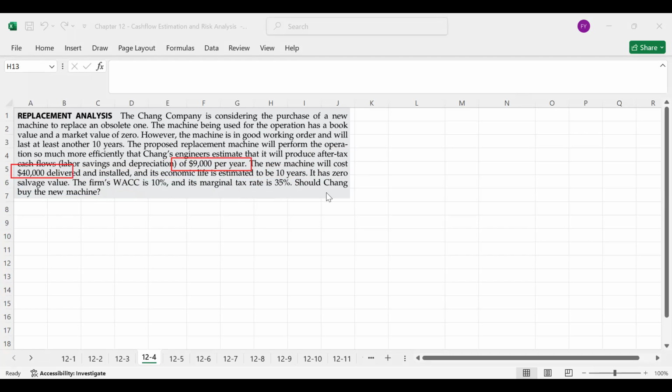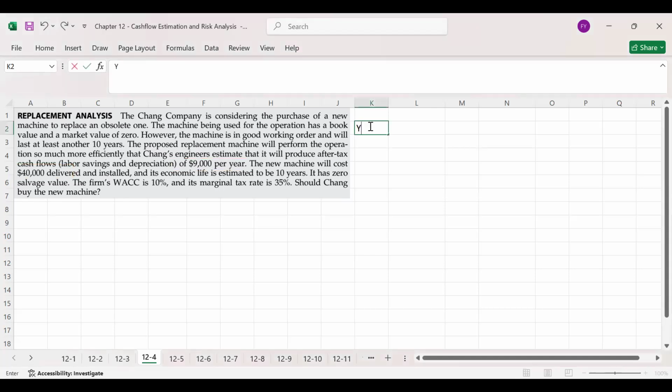For the decision of whether the company should buy a new machine or not, this depends on net present value. If net present value comes positive, then the company should go for it.